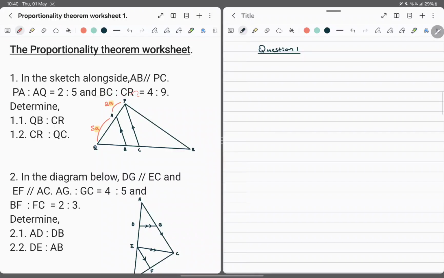And BC is to CR. So we've got BC is to CR, something like this. Now we have 4 is to 9. Now this means this is 4B is to 9B. Again, choose a multiple.